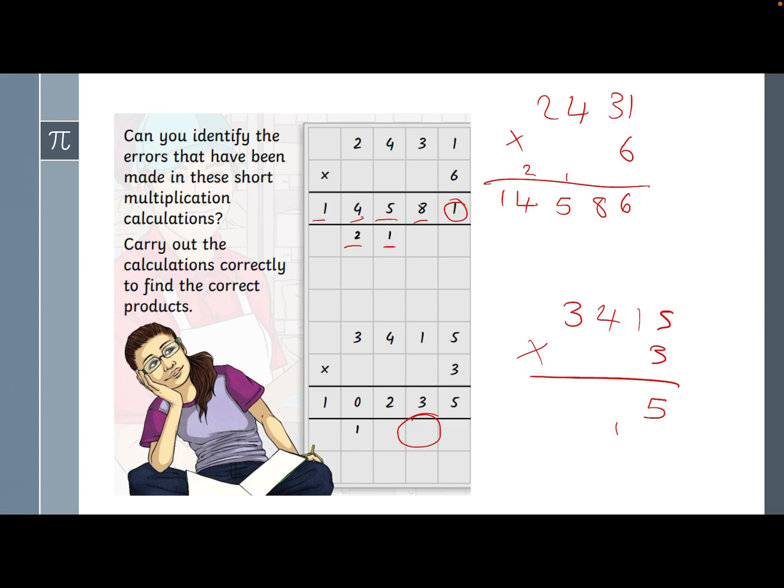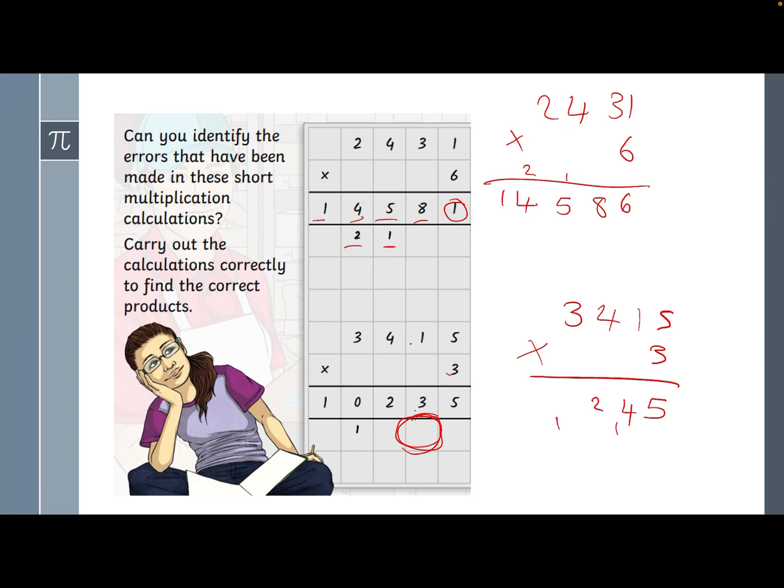They haven't exchanged that 15 ones into a 10 and 5 ones. 3 times 1. They've done 3 times 1 is 3. 3 times 1 is 3. Add the 1 is 4. I spotted their mistake. They haven't regrouped their 10 ones into 1 ten.